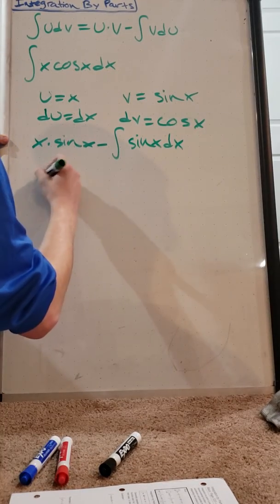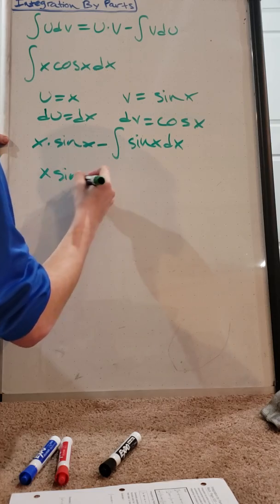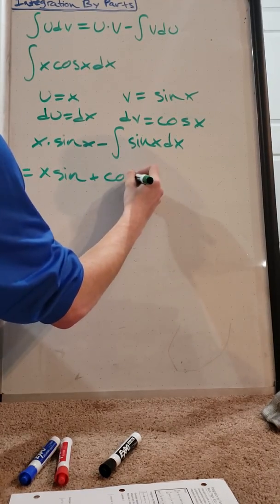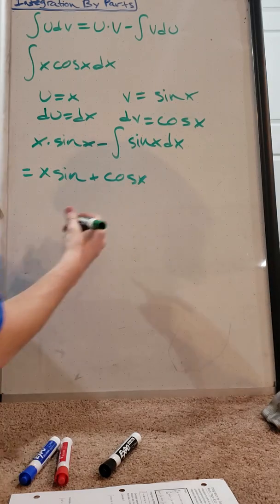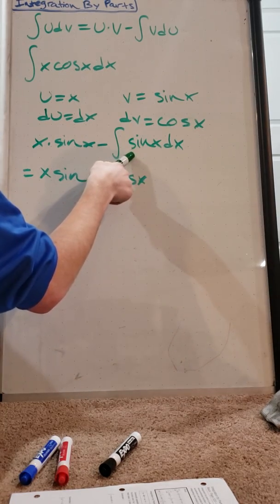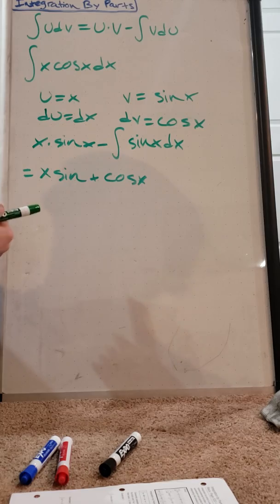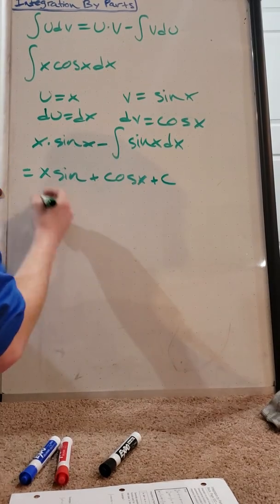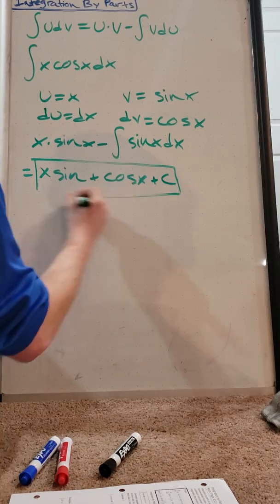So you get x sine x plus cosine x, because the integral of sine x is negative cosine x and the negatives turn into a positive, plus c. That's your answer for the first one.